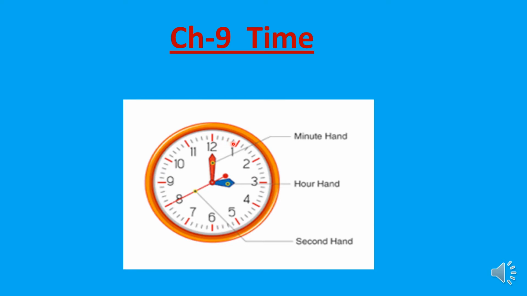The small division stands for 1 minute. See, 1 minute, 2 minutes, 3 minutes, 4 minutes, 5 minutes. Did you understand? The small divisions stand for 1 minute.